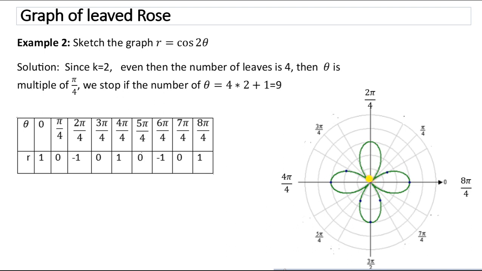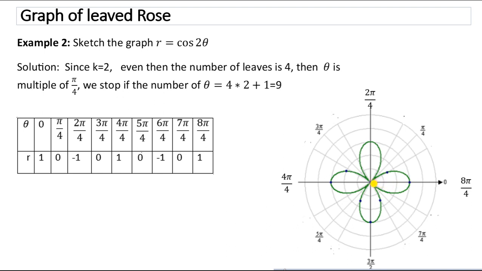Theta equals 3 pi over 4, 0. 4 pi over 4, 1, positive, on this line. Theta equals 5 pi over 4, 0. 6 pi over 4, minus 1, meaning there. Theta equals 7 pi over 4, 0, and theta equals 8 pi over 4, 1.